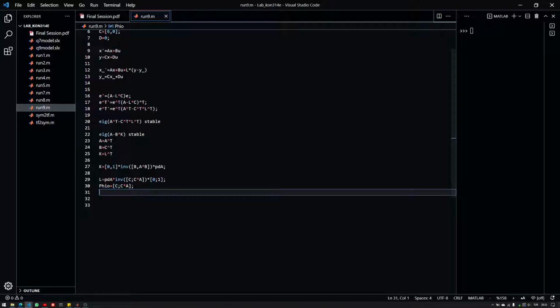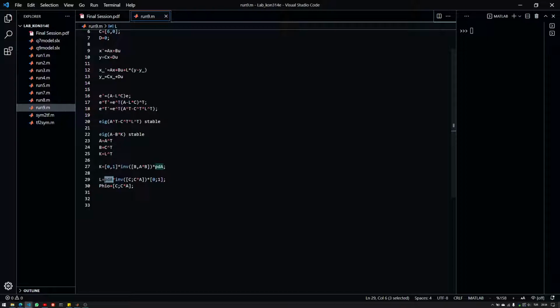Now, how should we determine the eigenvalues associated with the error dynamics? Since we will use the observer for control, the measurement or the emulation should be faster than the control itself.